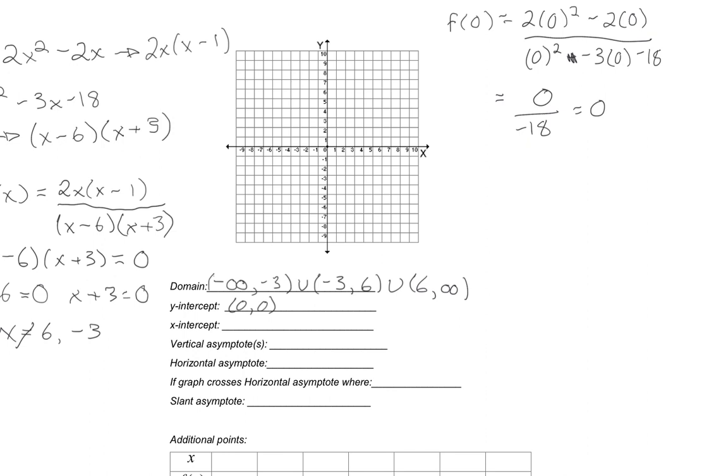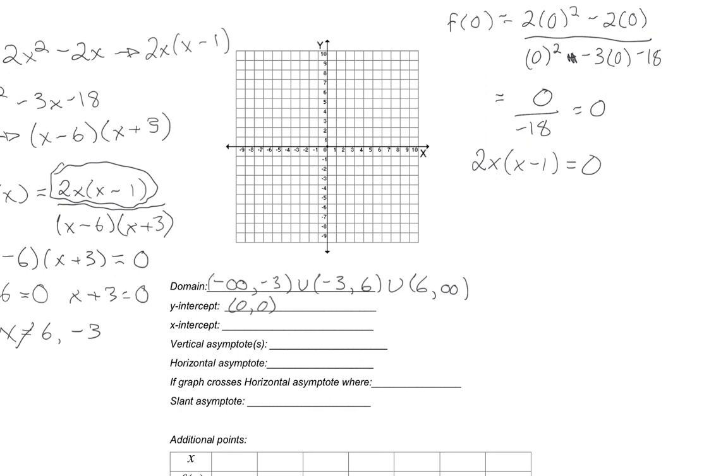So the x-intercept happens when the numerator is equal to 0, and I know that because it's when the whole fraction is equal to 0, and we can only have the numerator of a fraction equal to 0, like what we were talking about with our domain. And so I'm going to take the top of this fraction, the factored form because that's easier to work with, and set it equal to 0. So this is 2x times x minus 1 equals 0.